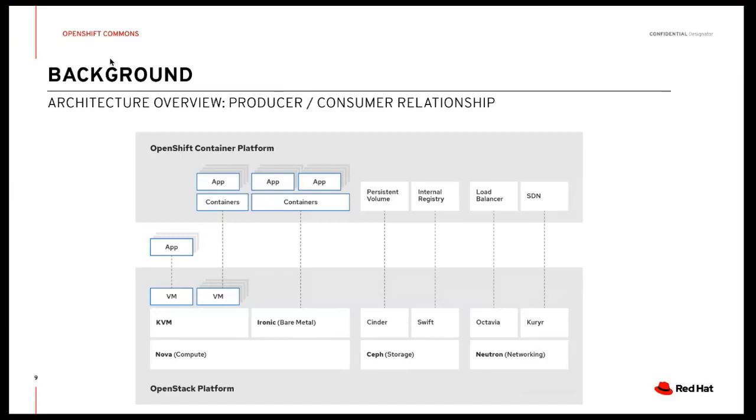So OpenStack can provide you with virtual machines or bare metal nodes. It can manage bare metal nodes that you can actually run your containerized applications on. And then the OpenStack APIs for storage, Cinder for block storage and file storage, and then Swift for object storage, are consumed by OpenShift as persistent volumes through a storage class or multiple storage classes. And also we use Swift, which is the object store, for OpenShift's internal registry.